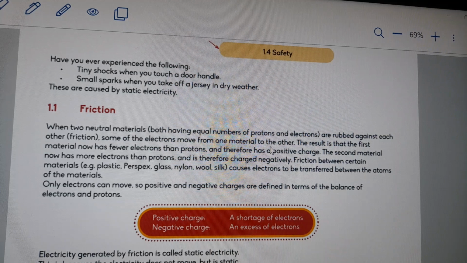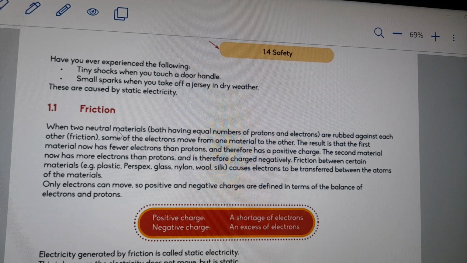So if you rub 2 materials against each other, some electrons will move from one material to the other. The result is that the first material now has fewer electrons than protons, which means the protons are many. Therefore, it will have a positive charge. Few electrons means you will have a positive charge.